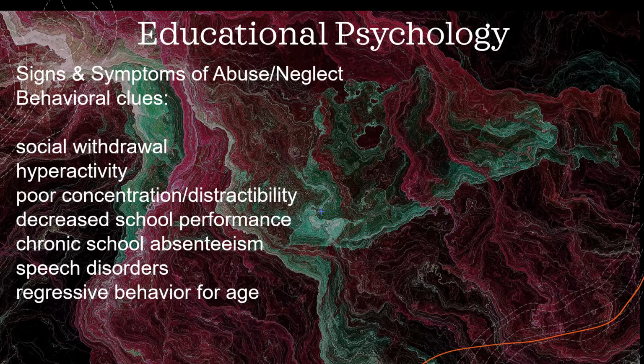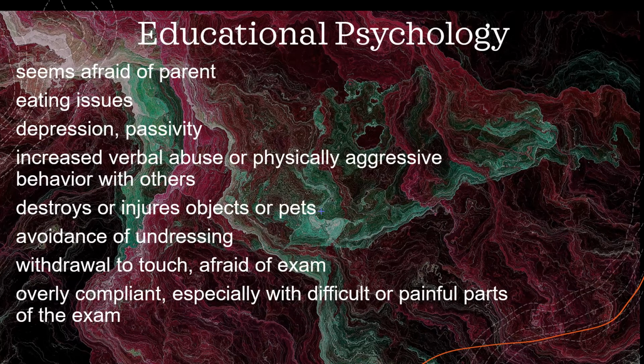Regressive behavior for age, seems afraid of parent, eating issues, depression, increased verbal abuse or physical aggressive behavior with others, destroys or injures objects or pets, avoidance of undressing, withdrawal to touch, afraid of exam, overly compliant, especially with difficult or painful parts of the exam.